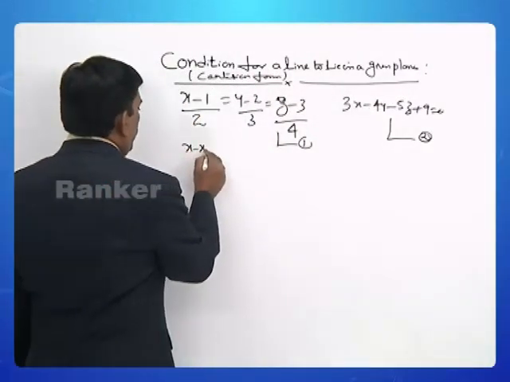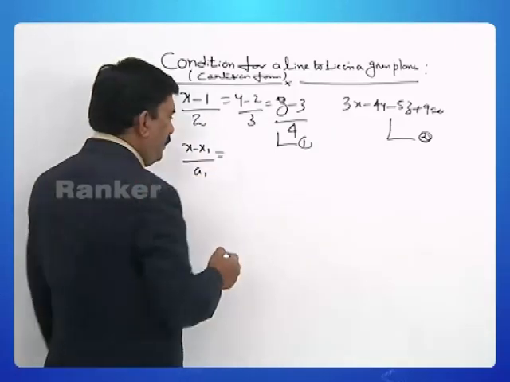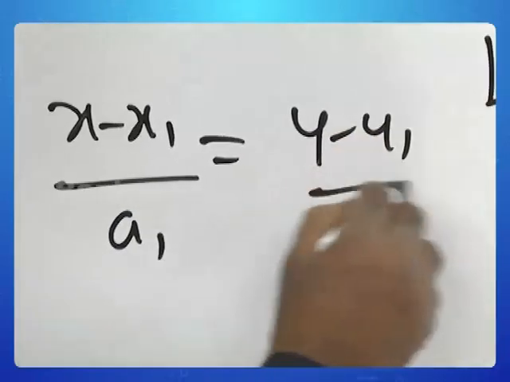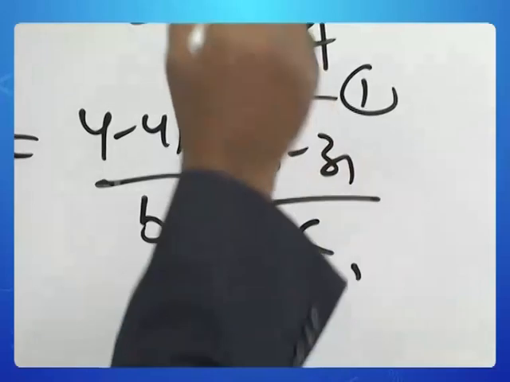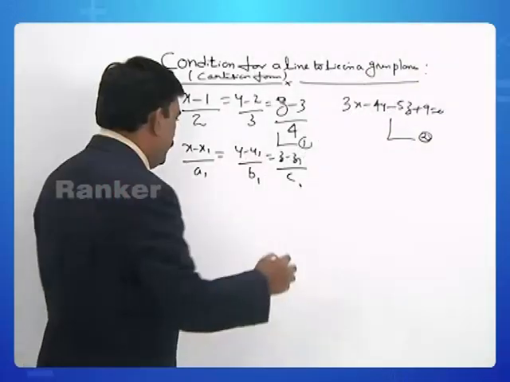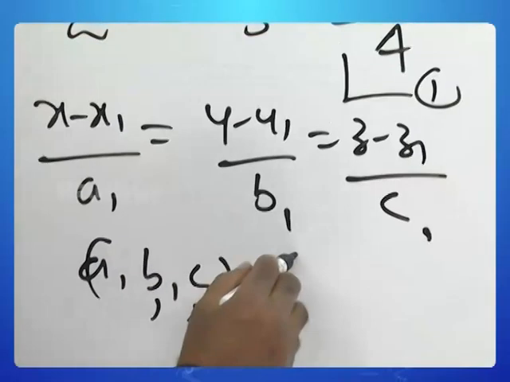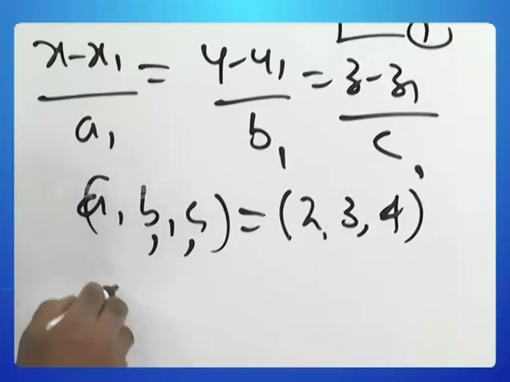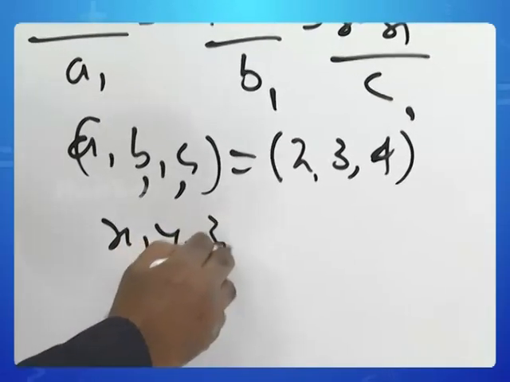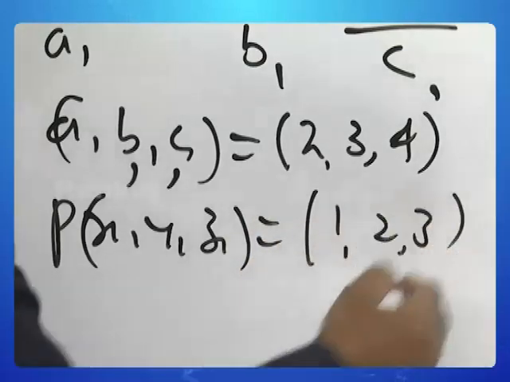Compare this line with (x minus x1)/a1, (y minus y1)/b1, (z minus z1)/c1. Followed? Therefore, a1, b1, c1 is equal to 2, 3, 4, and the point x1, y1, z1 is 1, 2, 3.